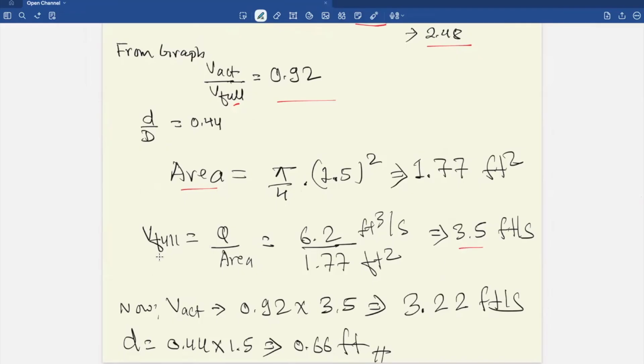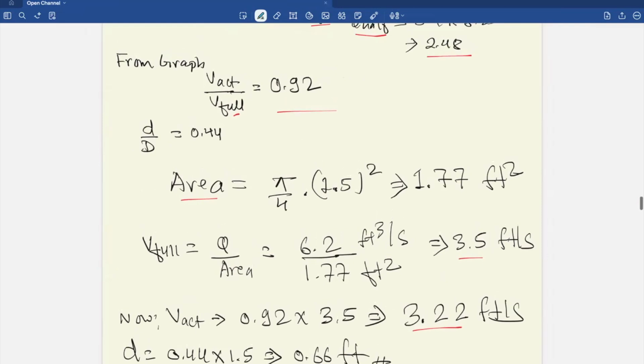And when I input this into the ratio, V actual will be 3.22 feet per second, whereas D will be, because our ratio is given from the graph, 0.44 times the diameter, which is equal to 1.5, so that gives us 0.66 feet.